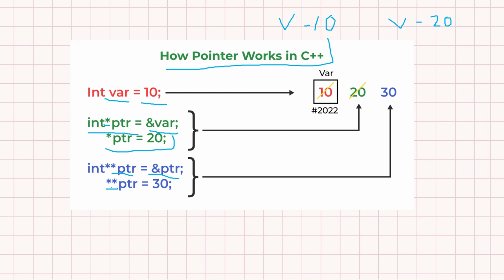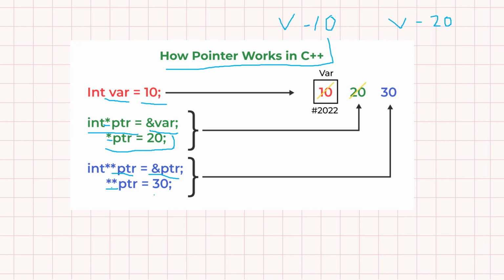So the ptr address will be stored in star star ptr, which is our other pointer. The pointer name can be the same, that is not an issue, but we need to mention the double star, which defines that this is our second pointer which points to our previous pointer.